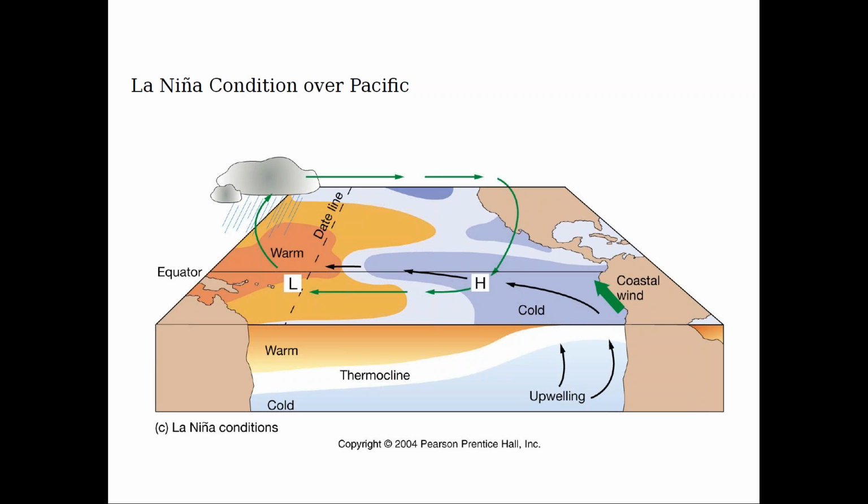La Nina condition is an extreme condition of the neutral state. So you can see there is more thermocline slope and more convection over the West Pacific because of the stronger westerlies.